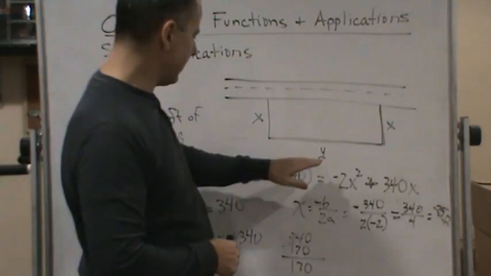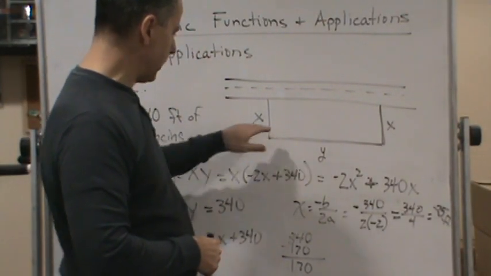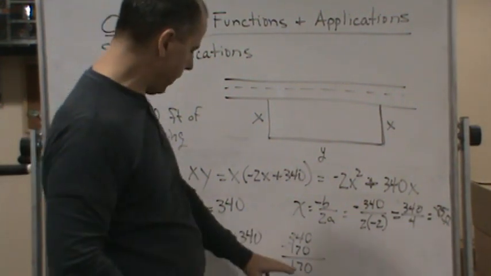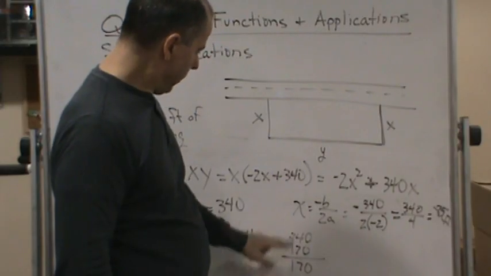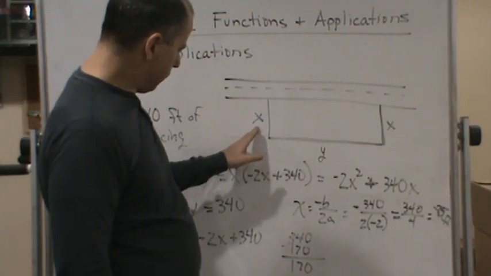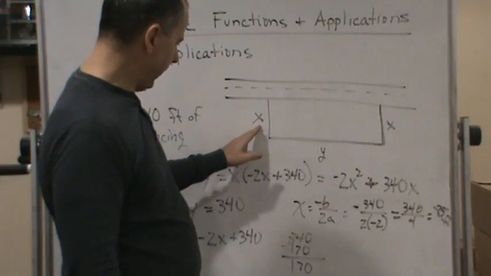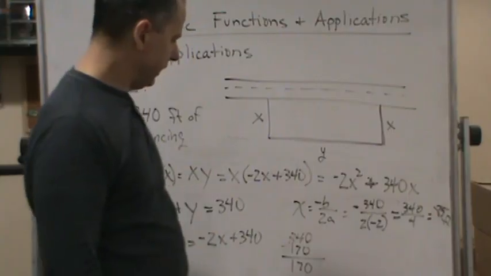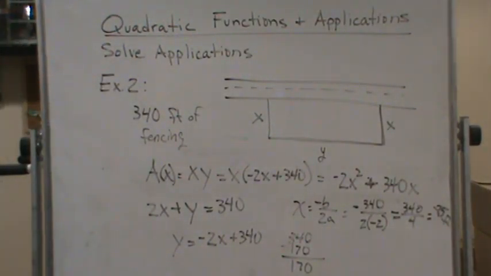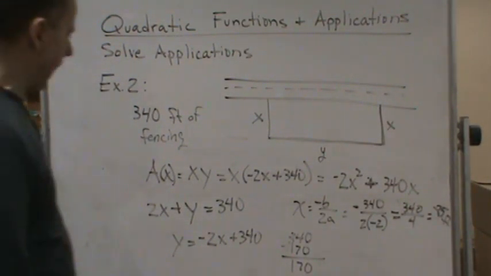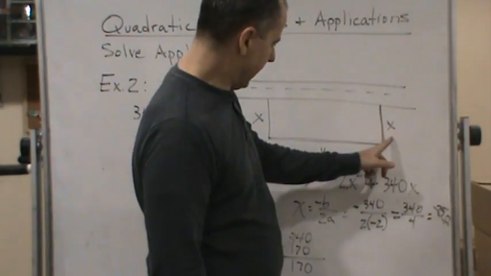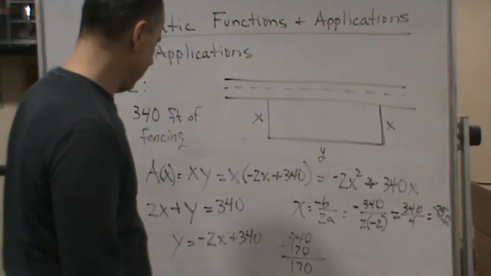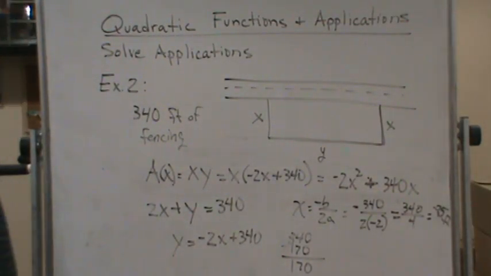The width, x, is going to be 85 feet, and the length, y, is 170 feet. If you add those up, 85 plus 85 is 170, and 170 plus 170 is 340, which is the amount we needed.